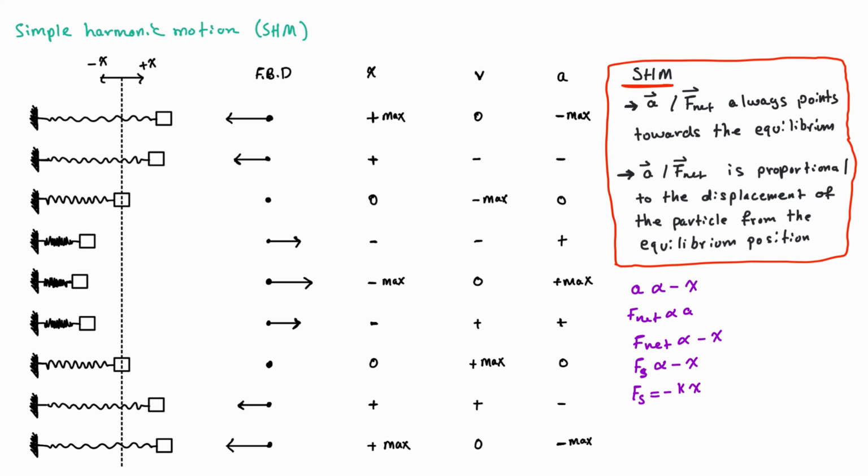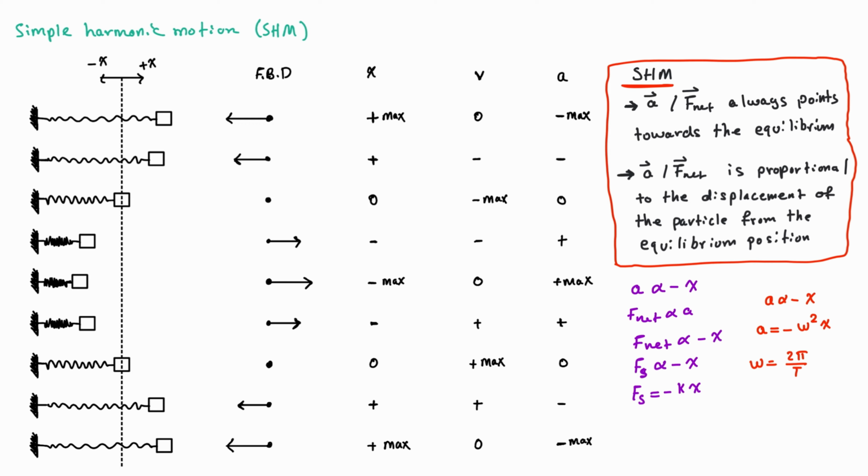Another way of writing this equation, I'm just going to write it here, since acceleration is proportional to negative x. We'll go over this equation in another video, but acceleration will equal some sort of constant multiplied by the displacement. And this constant is actually omega squared, which is 2 pi over the period.